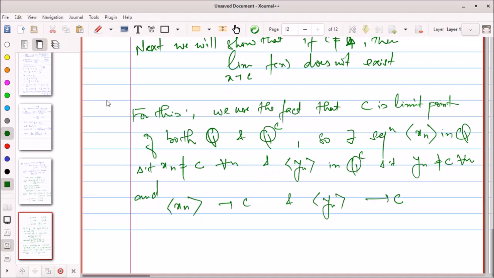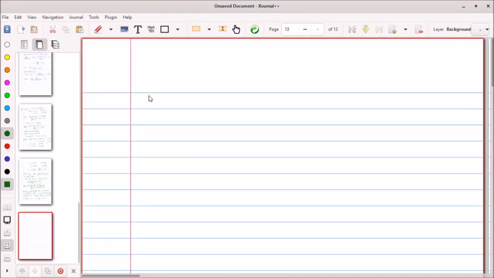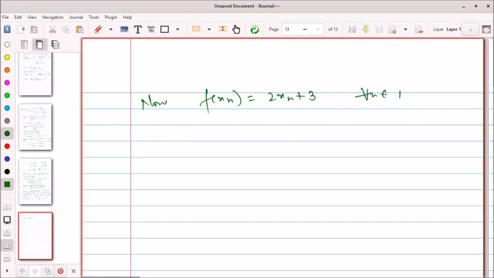So now what about their corresponding sequences? f(xn) is equal to 2xn plus 3 for all n belonging to N. So this implies f(xn) converges to 2c plus 3.